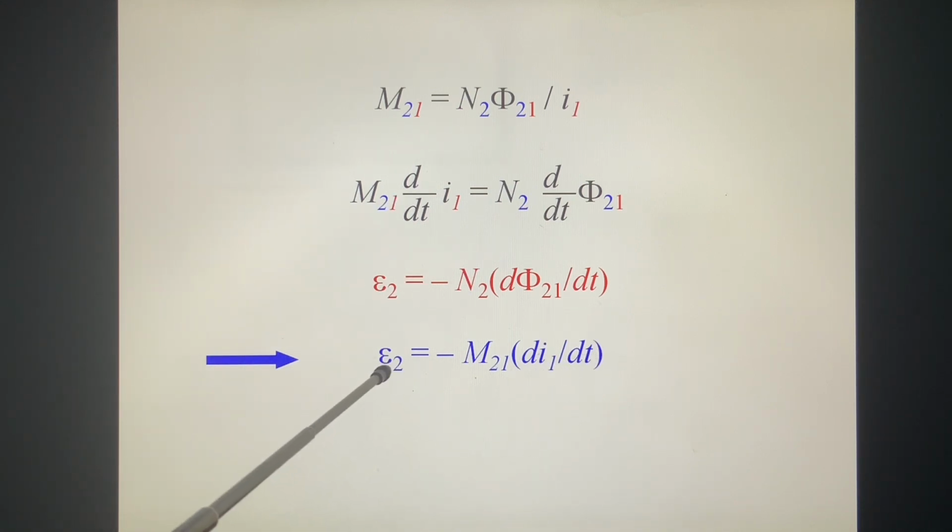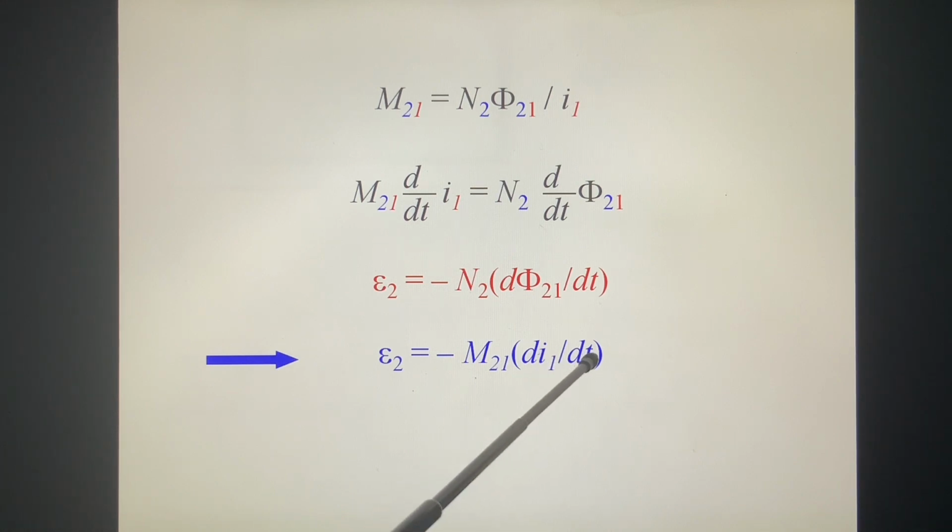This is the electromotive force induced by the current change in coil 1. So this is dI1 dt, and this is the mutual inductance. This is similar to self-inductance.